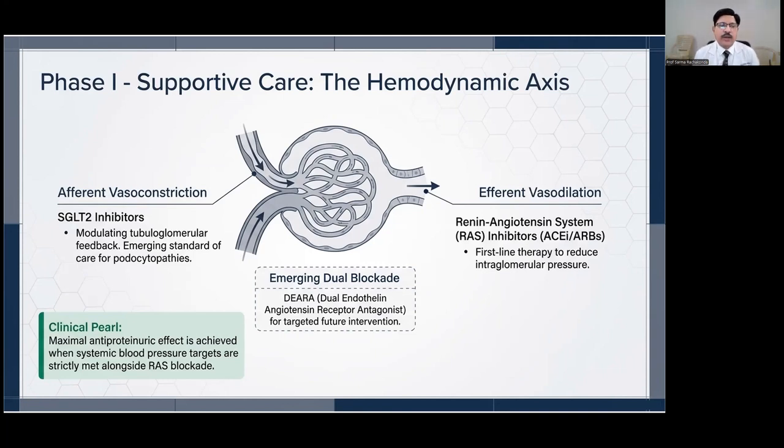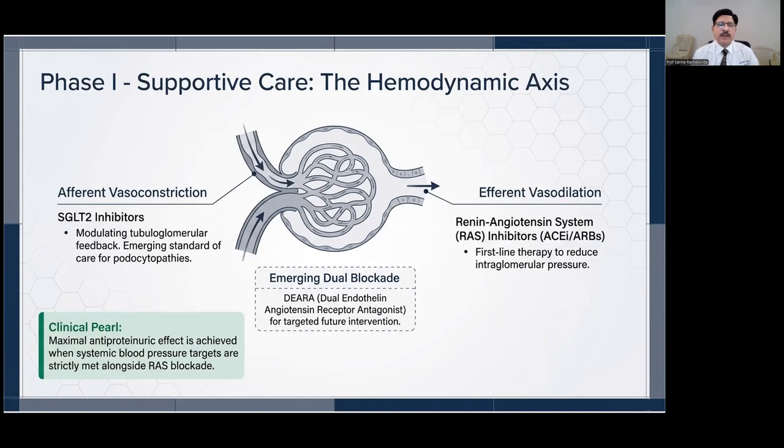Afferent vasoconstriction is tackled by SGLT2 inhibitors. Efferent vasodilatation is tackled by renin-angiotensin inhibitors, first line therapy to reduce the intraglomerular pressure.